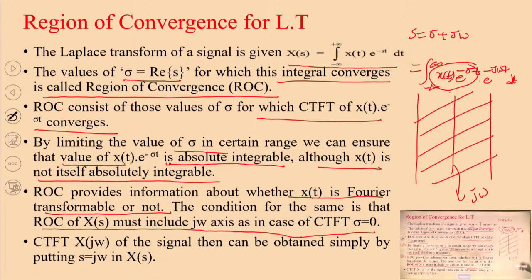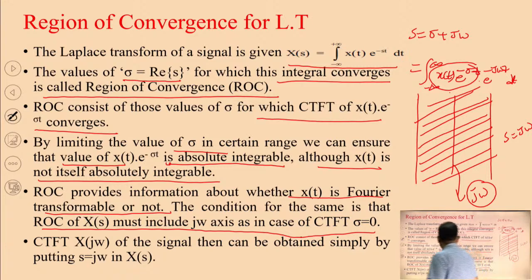If the ROC of the Laplace transform covers the j omega axis, then this signal is Fourier transformable also, and we can simply write s equals j omega in the expression of H(s) and we will get the Fourier transform.